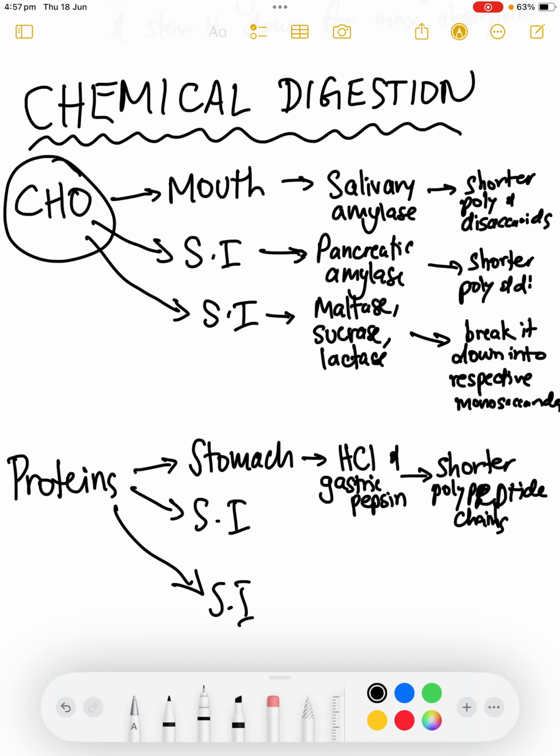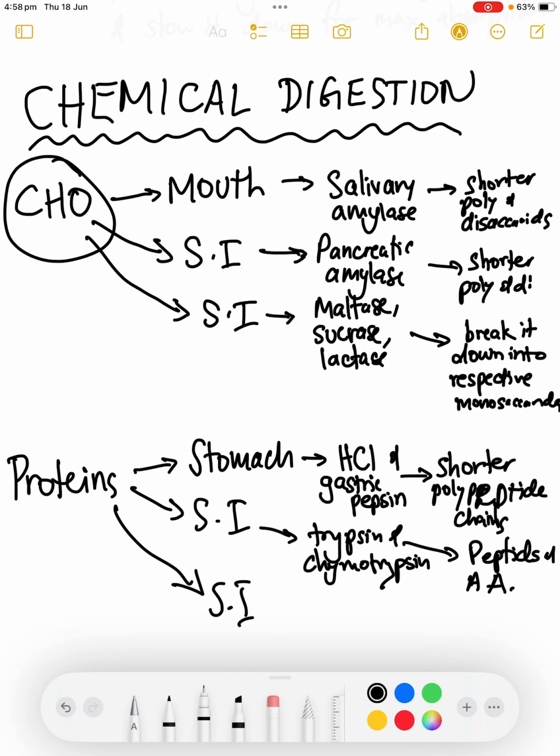In the small intestines, what's happening is trypsin and chymotrypsin are breaking it down into peptides and amino acids, if it's possible to create amino acids.